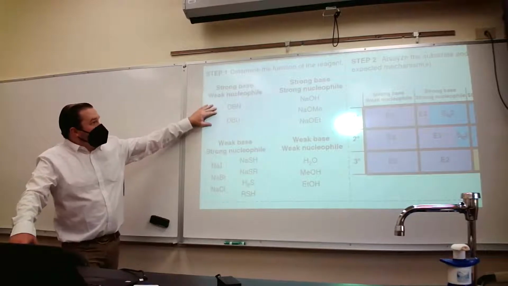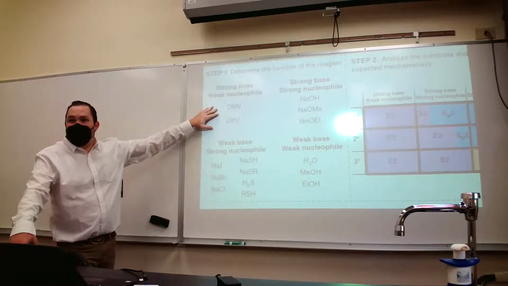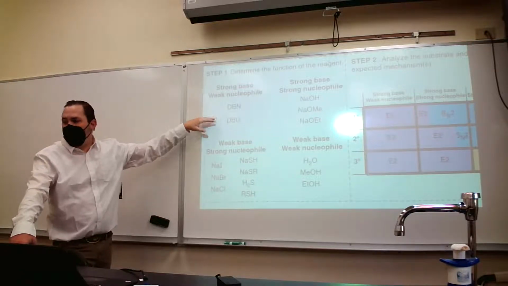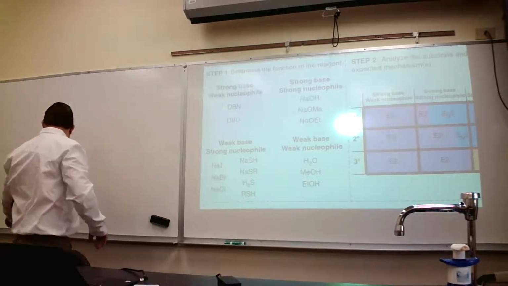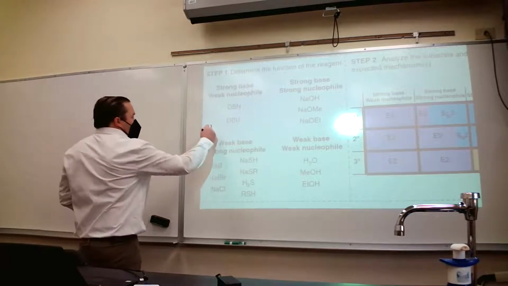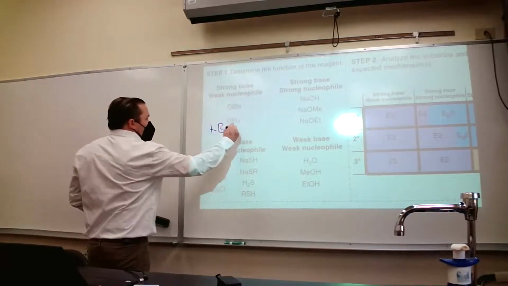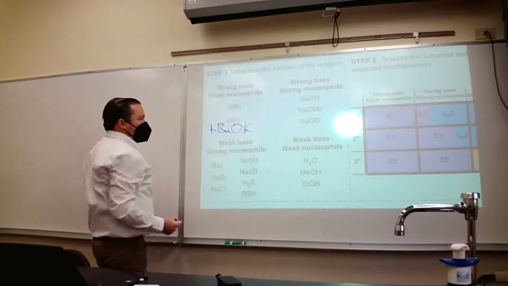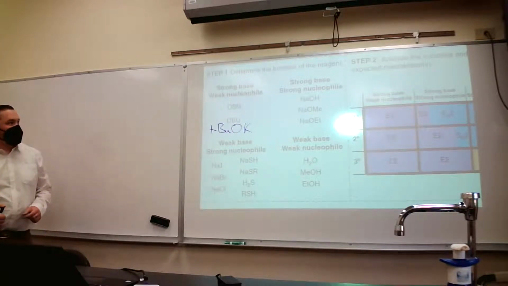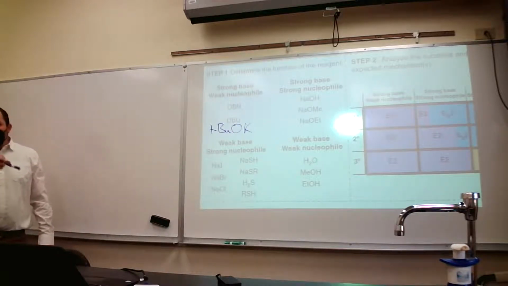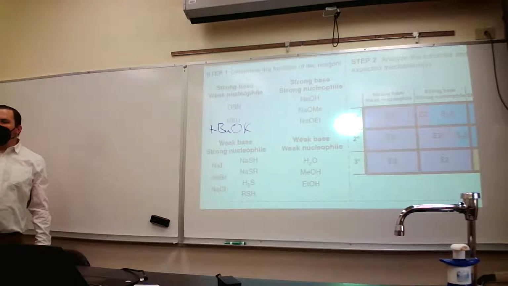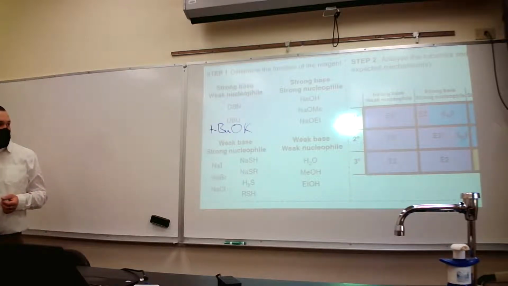If it's a strong base but a weak nucleophile, this is going to be most of your sterically hindered bases as well, so TBUOK could be on here as well. Those are the ones where the base itself has lots of what my OChem instructor would call spinach around it.